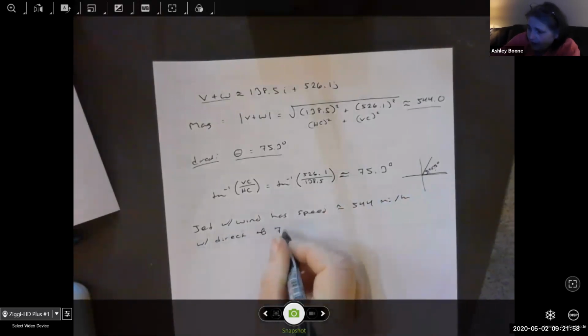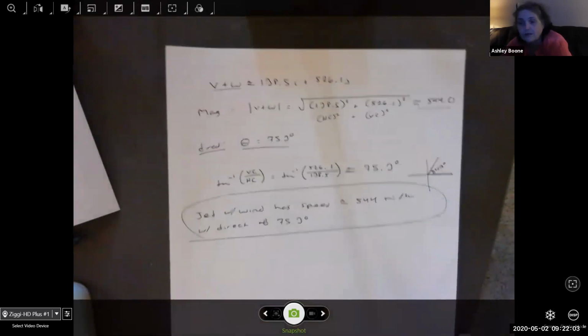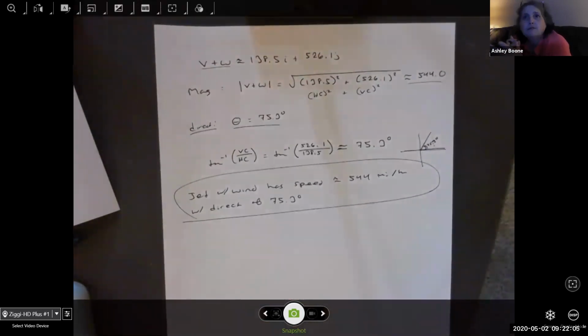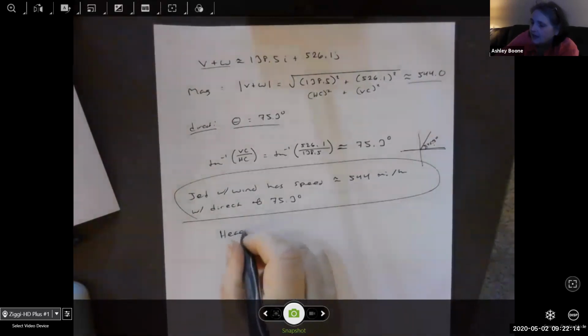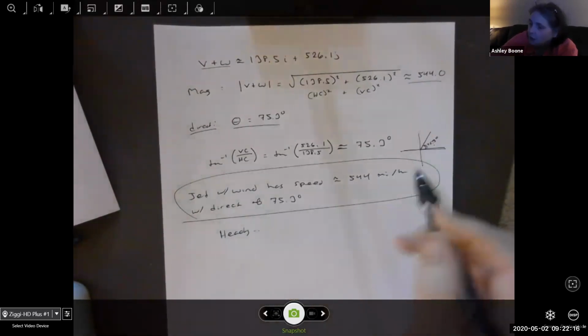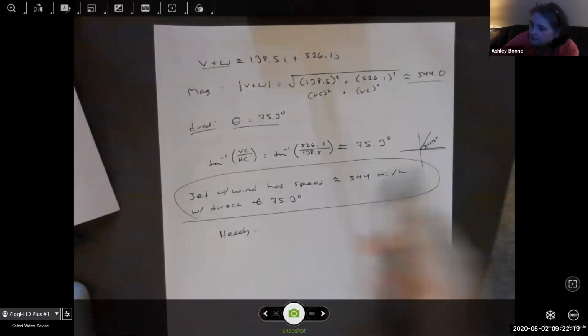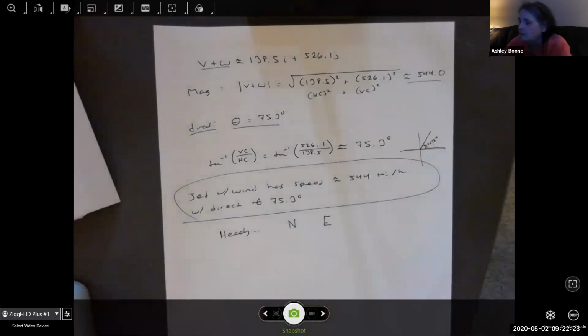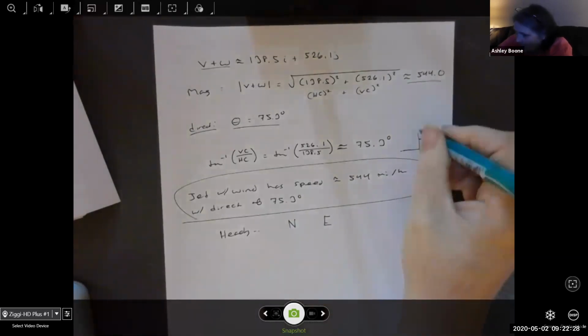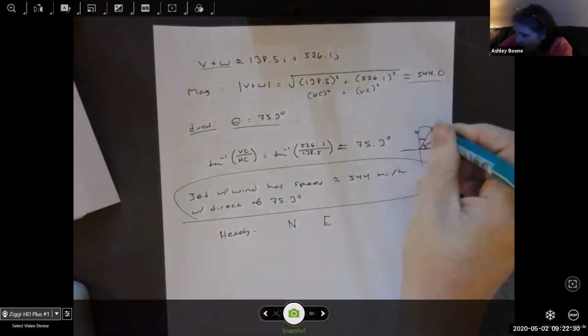with a direction of 75.3 degrees. Now, if you want the heading or the bearings, notice these problems were given northeast, northwest, things like that. We really want the heading or the bearings here, the heading of the jet. We know it's going north and east. We need to know what this angle is, the angle between the north to the east.